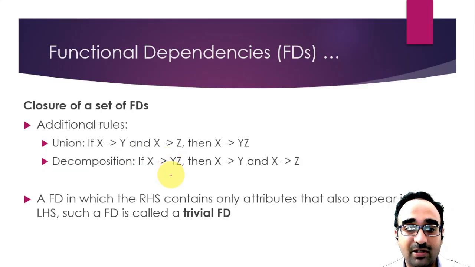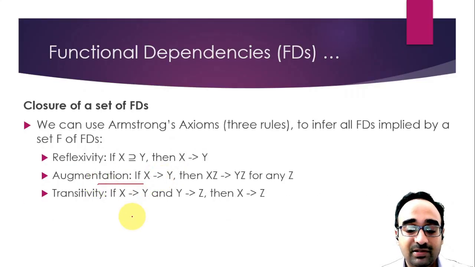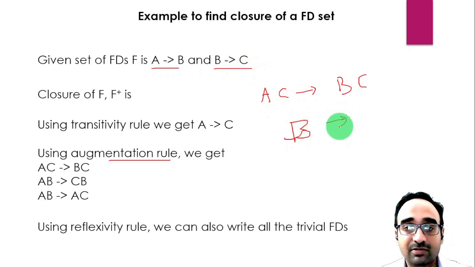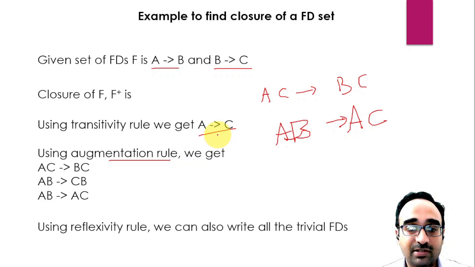Along with these three, now we are applying the augmentation rule. You remember the augmentation rule, right? By applying this rule, you can take A derives B and add another attribute C. Similarly, you can take B derives C and add A. Similarly, you can take this and add B: AB derives AC.